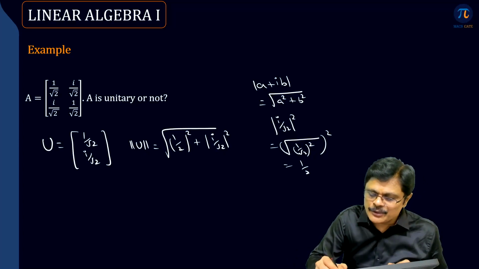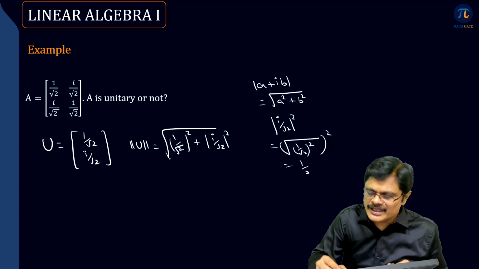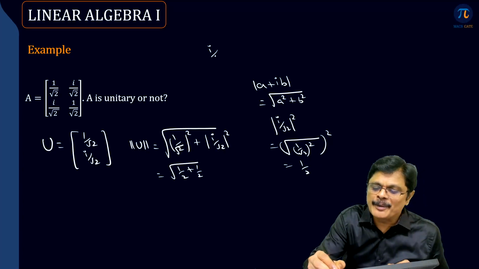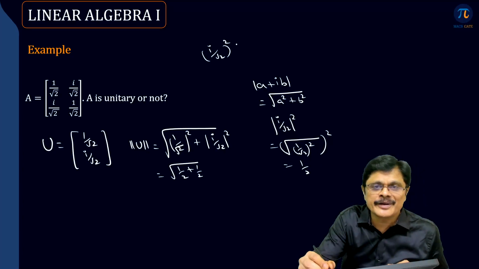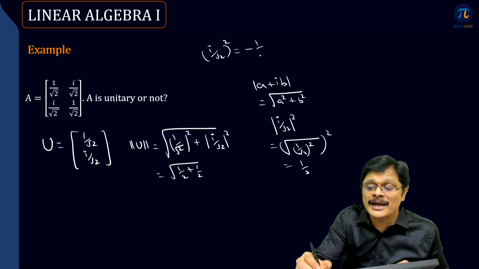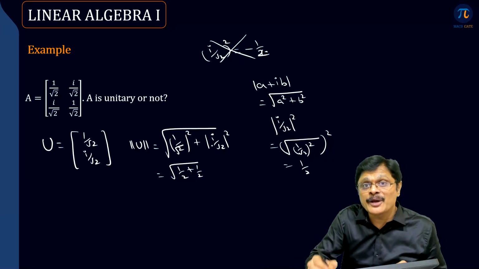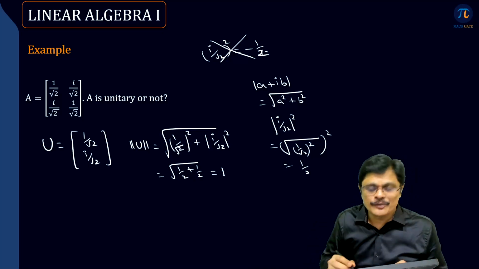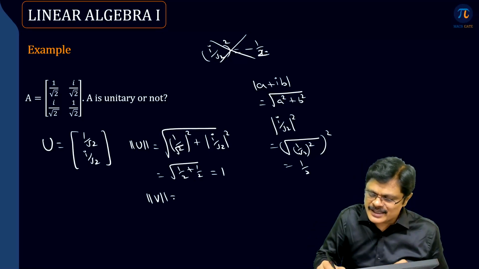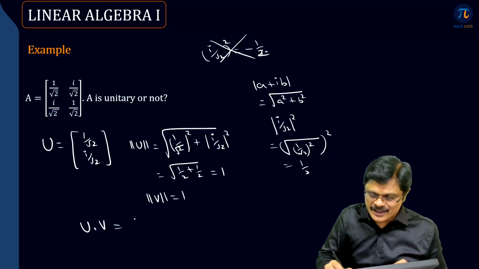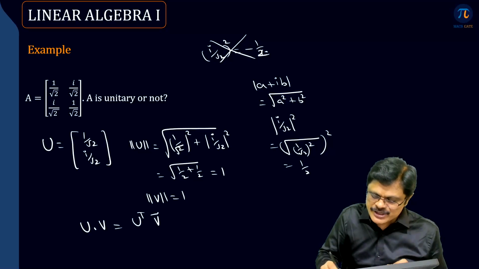So it is 1 by 2 plus 1 by 2. Normally what people do is i by root 2 whole square, which is wrong, which gives you minus 1 by 2. That is wrong. Please be careful. It is mod i by root 2 whole square, which gives you 1. Similarly, length of v is equal to 1. And u dot v, as I mentioned, is u transpose into v conjugate.